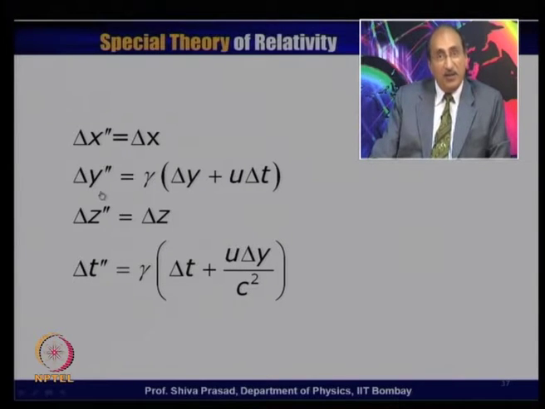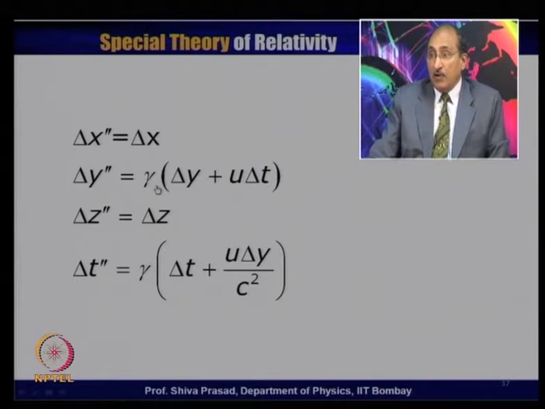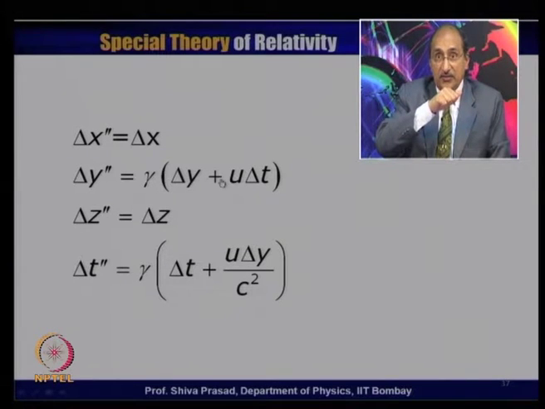Delta y double prime will now be equal to gamma, of course, which will be determined because of the relative velocity between S and S double prime frame of reference, because it is between these two frames that I am transforming.